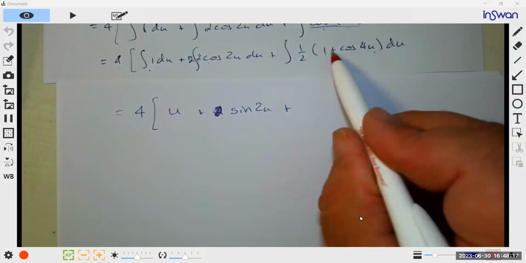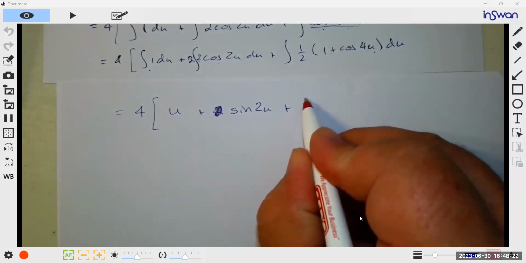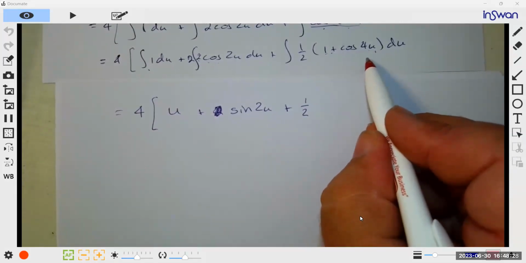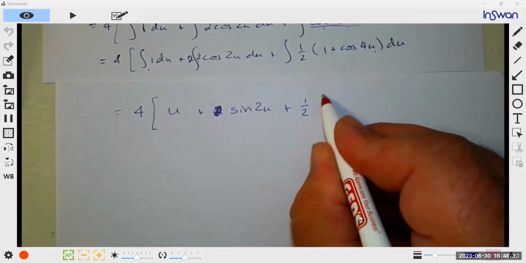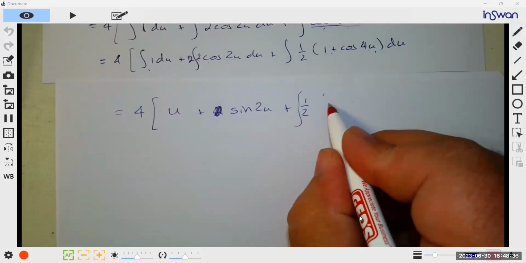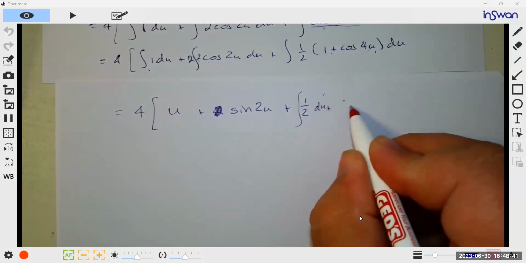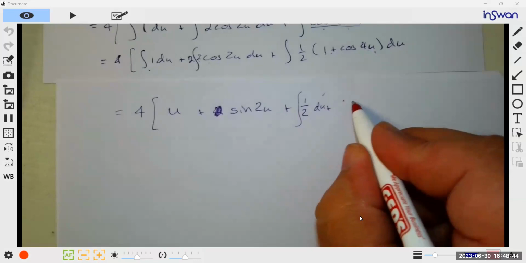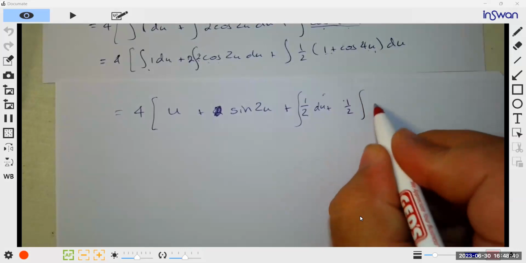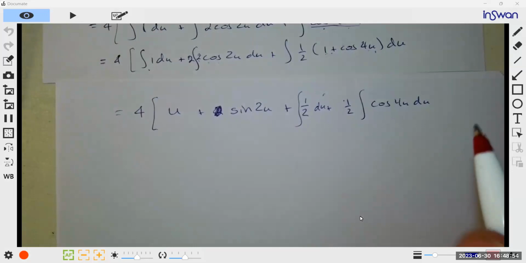We have the integral of 1/2 plus, I'm distributing these two. Integral of 1/2 cosine 4u du.